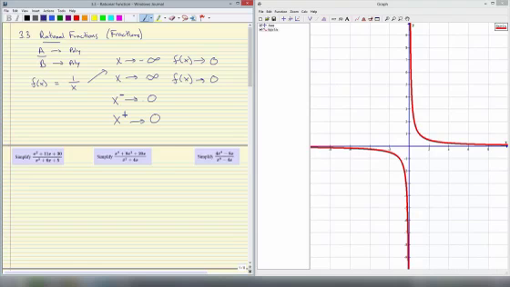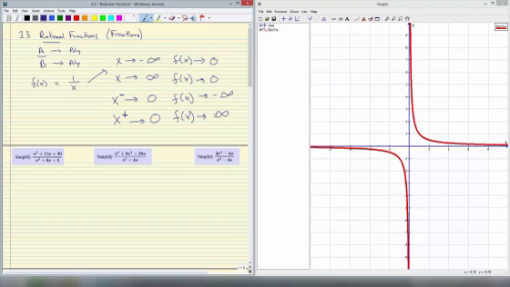As x approaches 0 from the left, as this graph gets closer and closer to 0, what does the y-coordinate approach? Negative infinity. And as x approaches 0 from the right, as it comes in 4, 3, 2, 1, 0.5, 0.3, 0.1, the function itself approaches positive infinity.